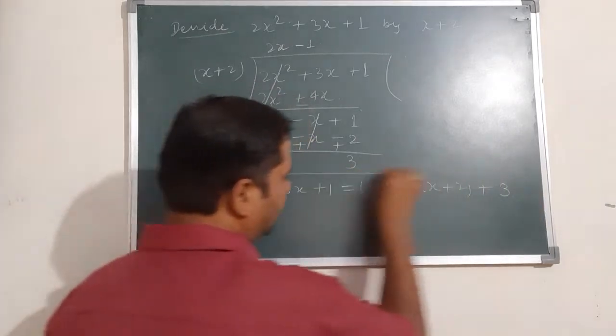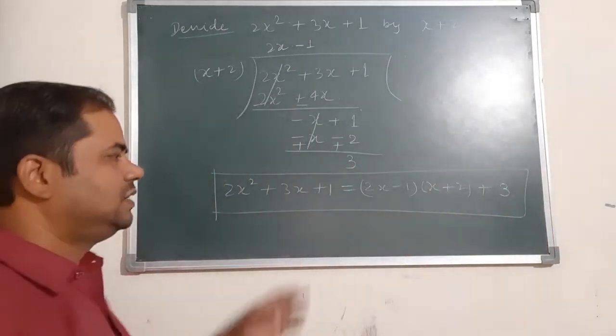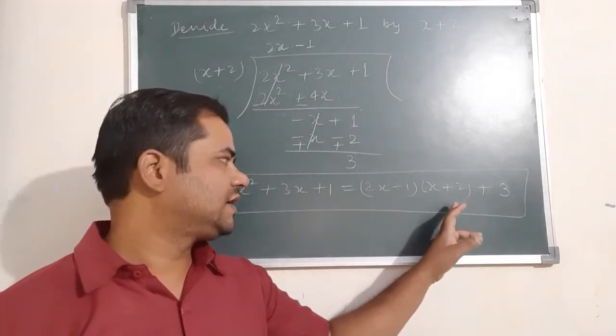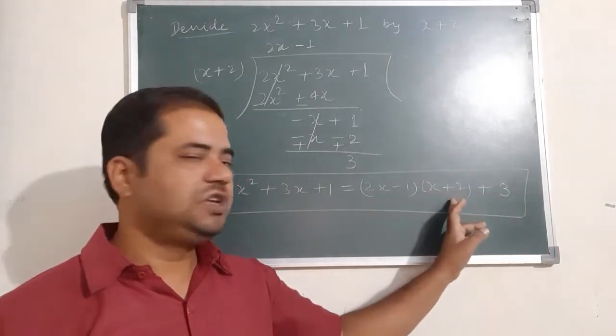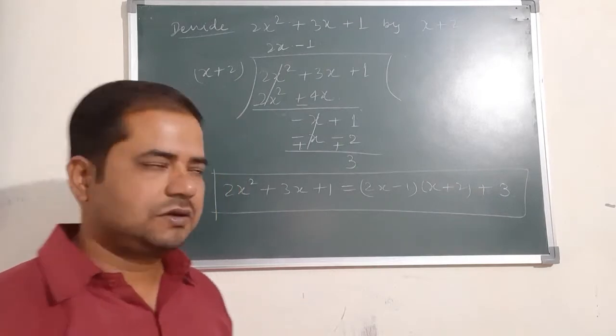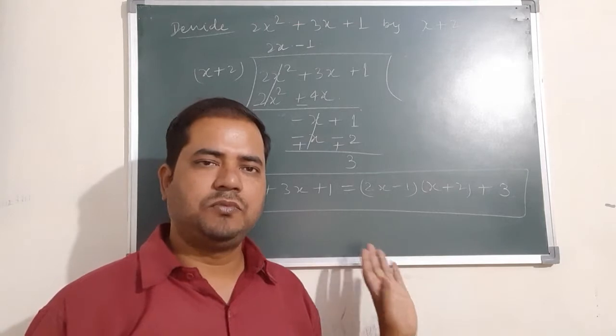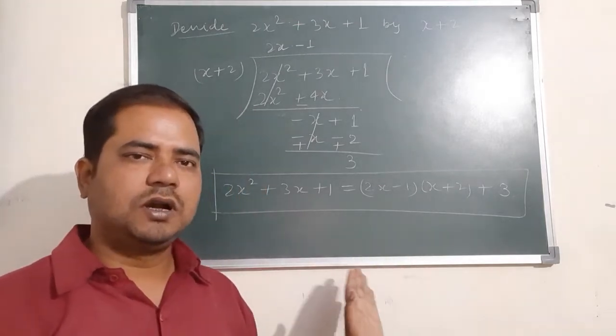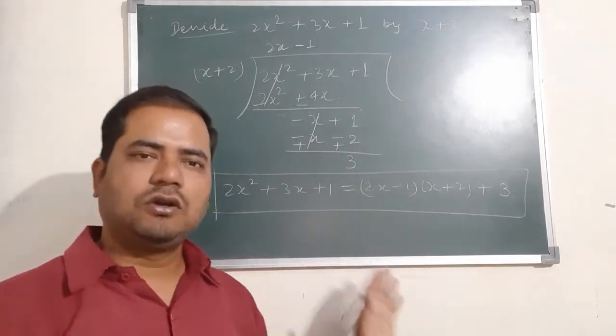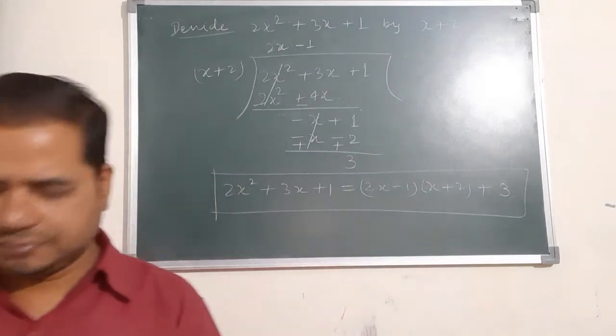So this is in the form of P(x) equals Q(x) into G(x) plus R(x). This is the division. Now we will discuss some important questions based on this division algorithm. Please note it down.